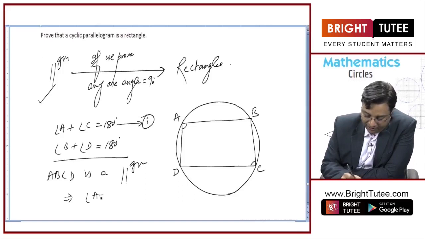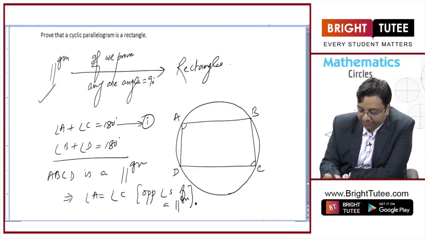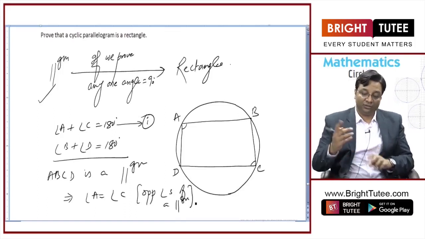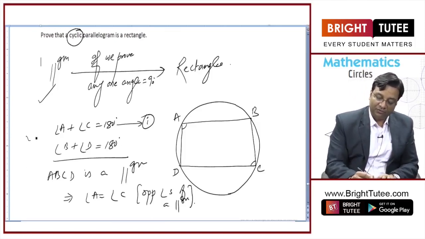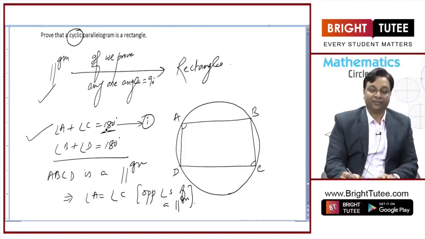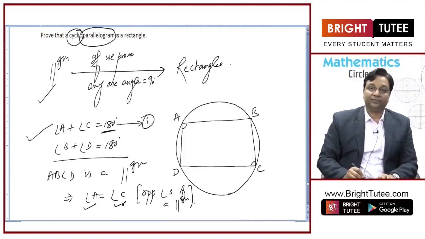Hence angle A is equal to angle C, opposite angles of a parallelogram. Now I have considered two things. Because it is cyclic, the sum of opposite angles is 180 degrees. And because it is a parallelogram, the opposite angles are equal.